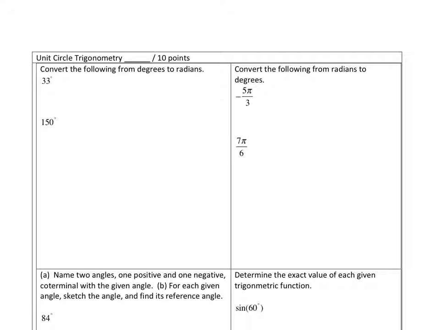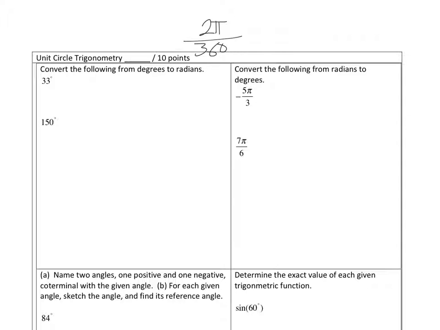And finally, we're looking at some unit circle trigonometry. A couple things we got to be able to do. The first is go from degrees to radians. I'd like to remind you that in a circle there are 2 pi radians and that there are 360 degrees. We're going to be using the scale factor again and again and again in order to simplify these problems.